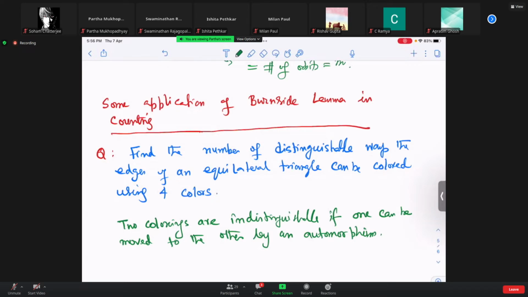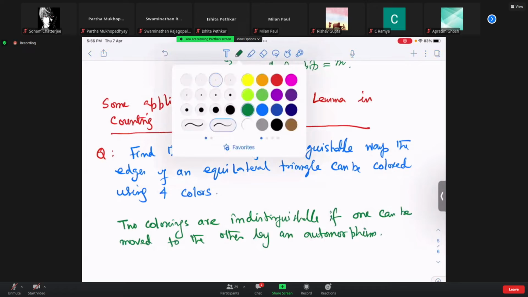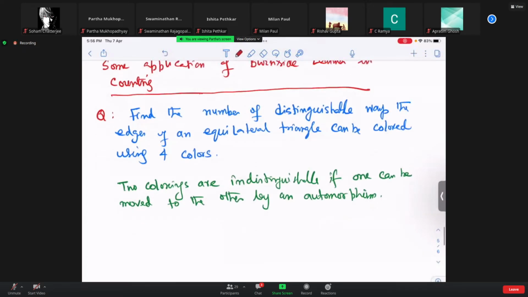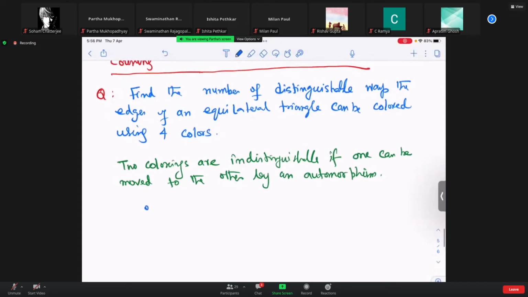Okay, so let's see what it means. So our graph is K3, right? So let's find the automorphism group of K3.